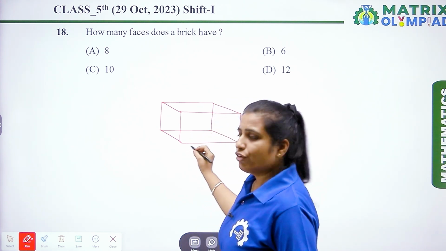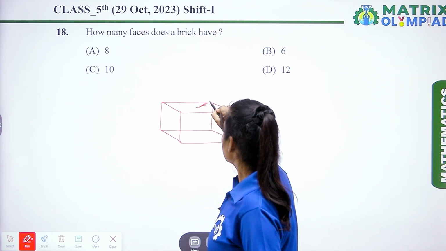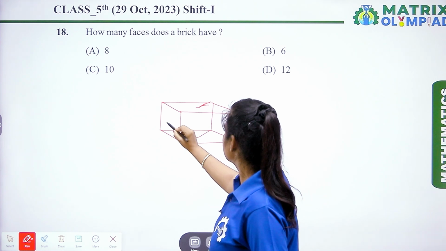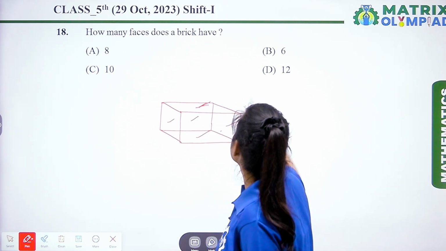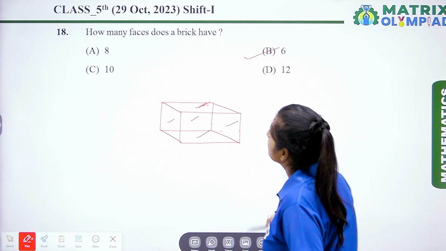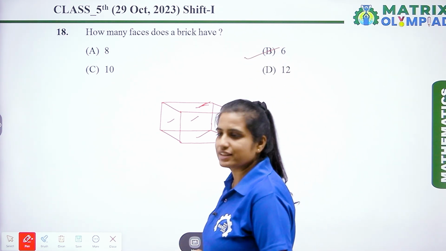Let's count the number of faces here. 1, 2, 3, 4, 5 and the front one is 6. So here total number of faces is 6. So B is the correct answer.